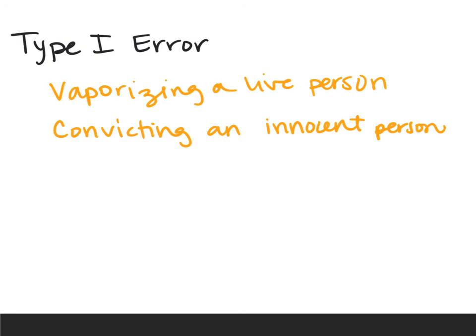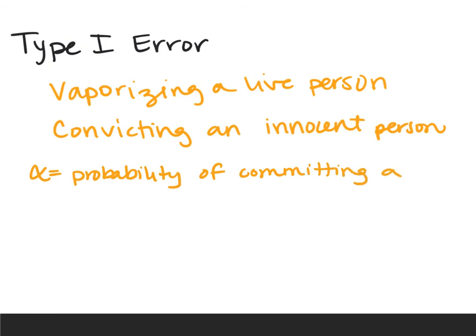So there's a few things that we need to identify. The first is alpha. Alpha is the probability of committing a type 1 error. What we typically call alpha is the significance level.